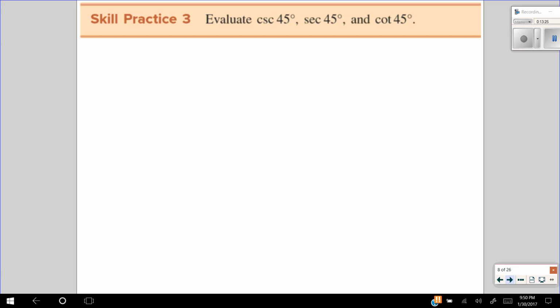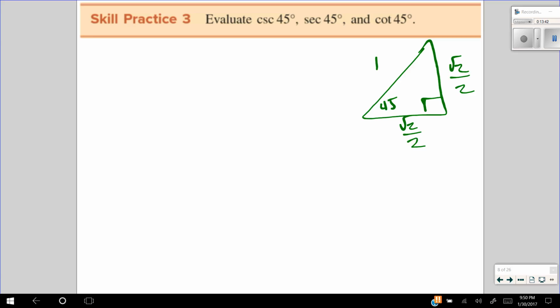Here, this asks for the cosecant, secant, and cotangent of 45. Okay, so again, I'm going to sketch this. Root 2 over 2, root 2 over 2, and 1 is the hypotenuse. So cosecant, and I don't want theta, I want 45.